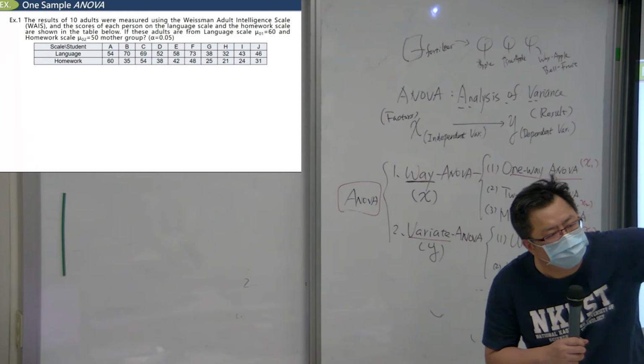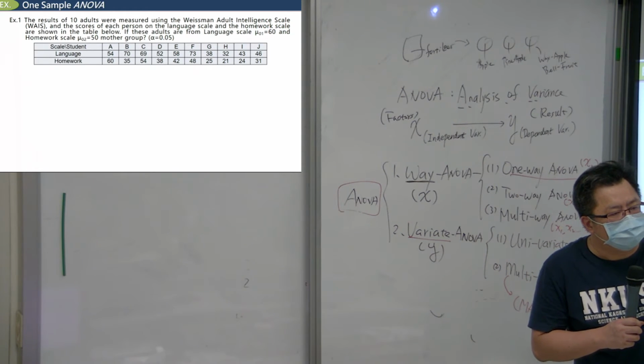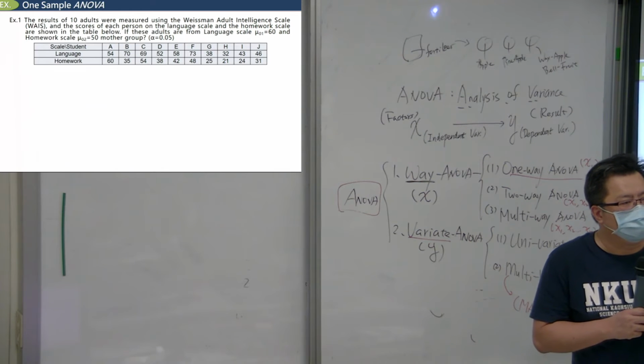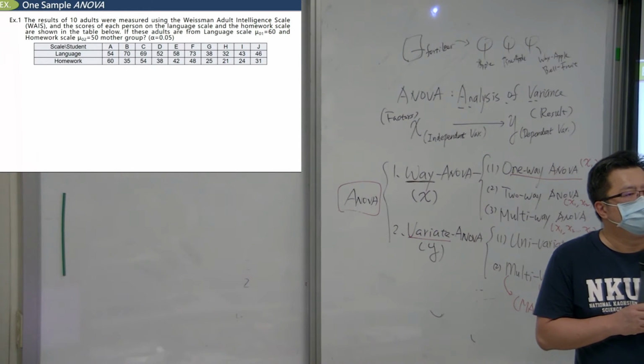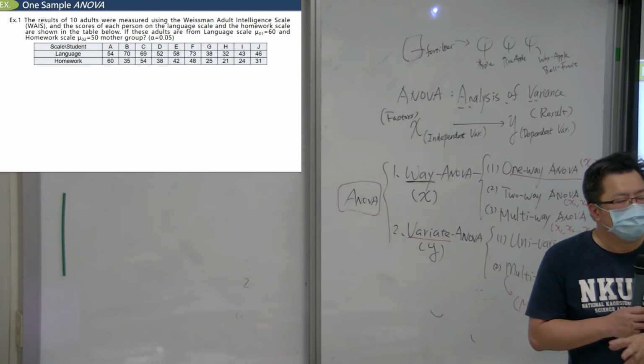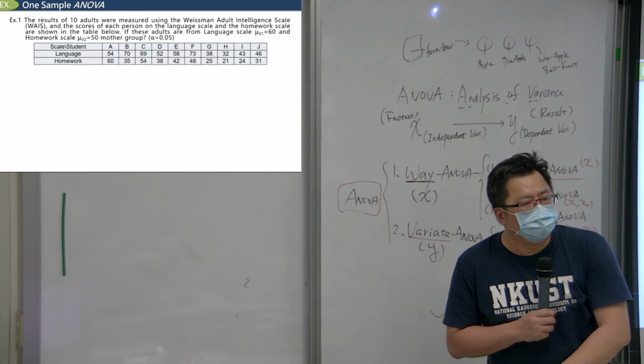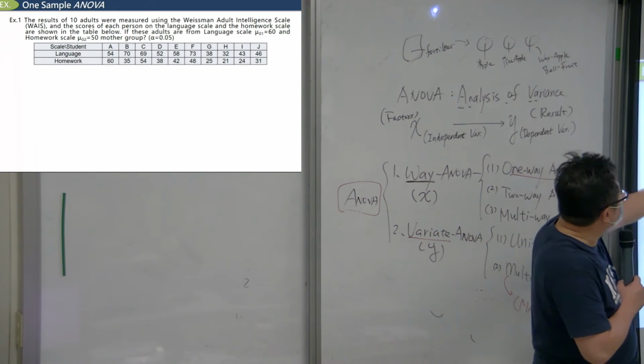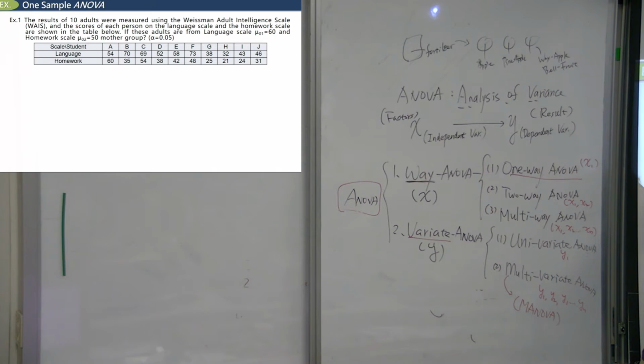I mean, most of the people, if I give you a language scale test, maybe you got 60, the average value. Okay? Now, I have the newer students. Maybe I have 10 students. I give them the language scale test and the homework scale test.